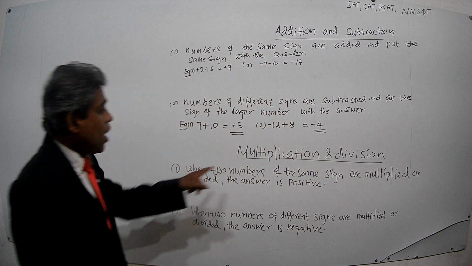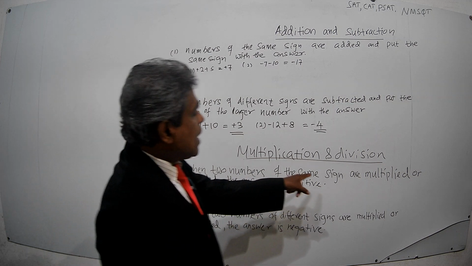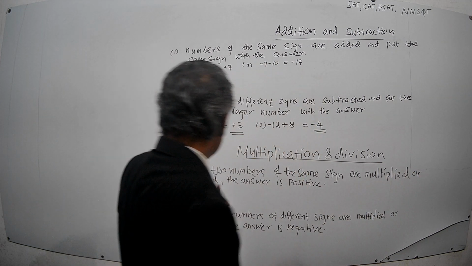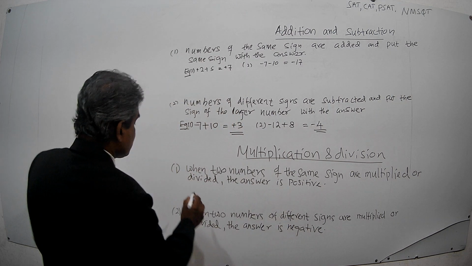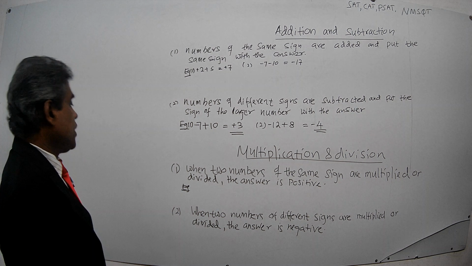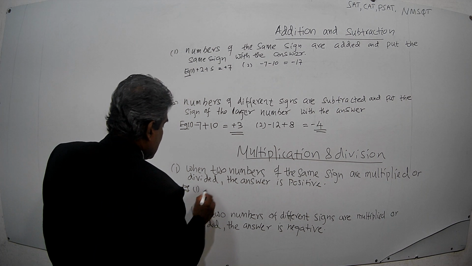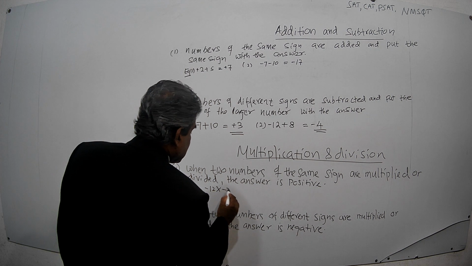Look at the first rule for multiplication and division. When two numbers of the same sign are multiplied or divided, the answer is positive. That is the principle. Now take the first example. Let's say you have minus 12 to be multiplied by minus 3.